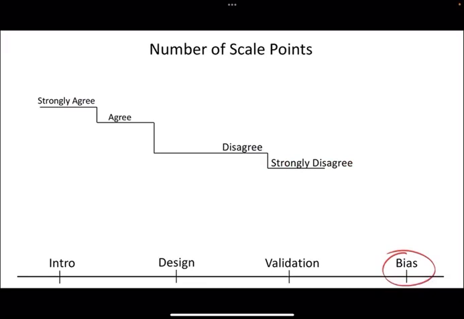And one of the major assumptions of lots of these analyses that would use these as categorical points is this understanding that the points are going to be equidistant. If it's a scale going from 0 to 10, 0 and 1 are the same distance apart as 1 and 2 and 2 and 3.